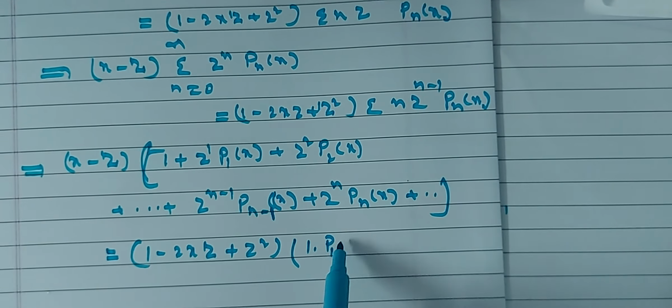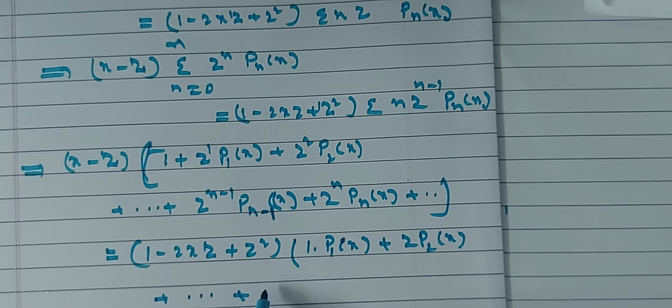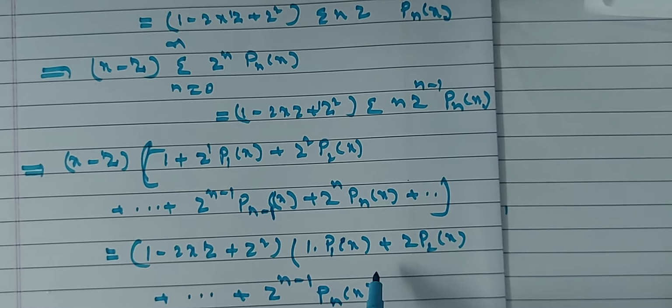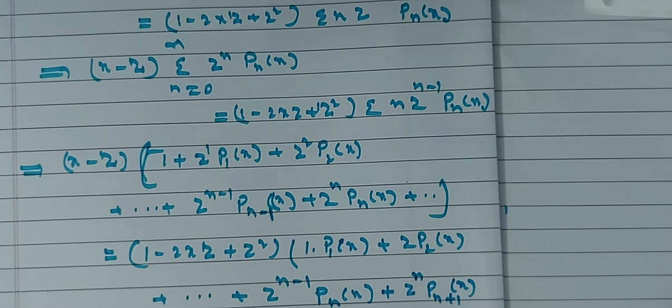So 1 into P1 of x plus z P2 of x plus and so on plus z to the power of n minus 1 Pn, because z power n means n plus 1, so that it is Pn of x plus z power n P n plus 1 of x plus and so on.